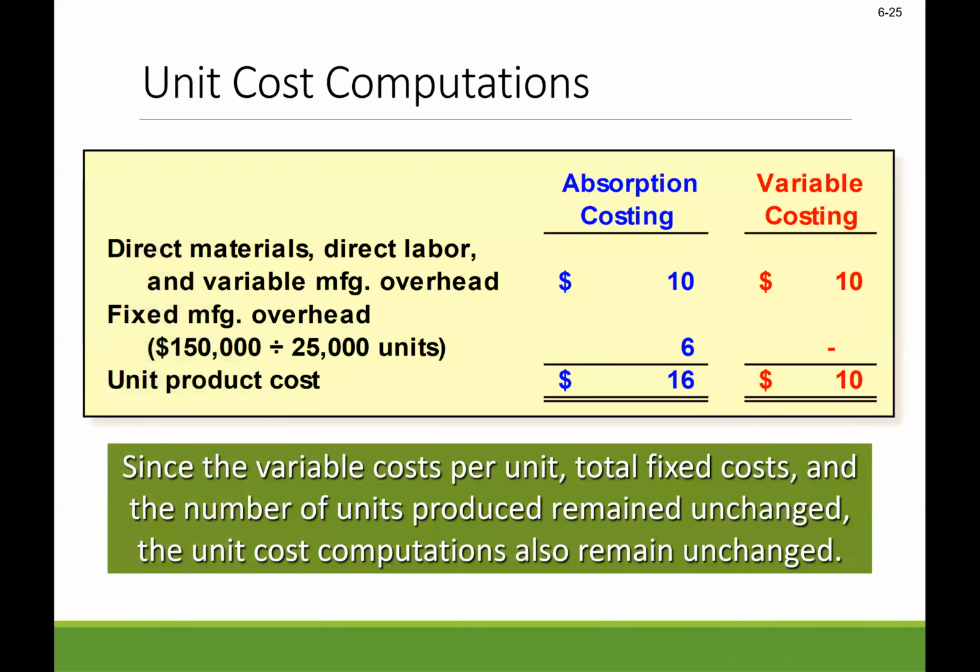So under absorption costing, our unit product cost is $16 per unit because we include the fixed manufacturing overhead. Under variable costing, we do not include the fixed manufacturing overhead.